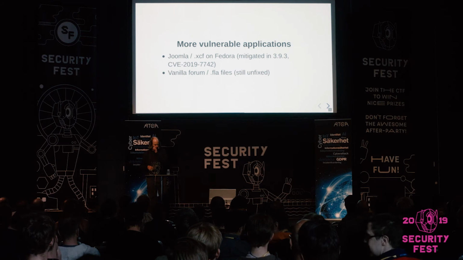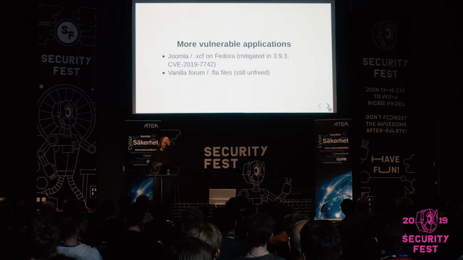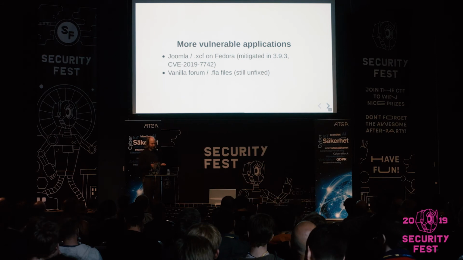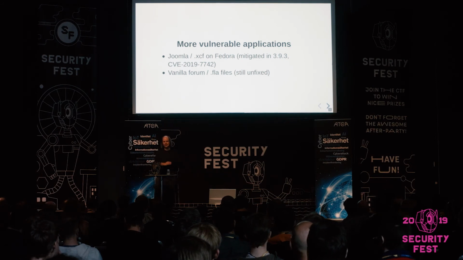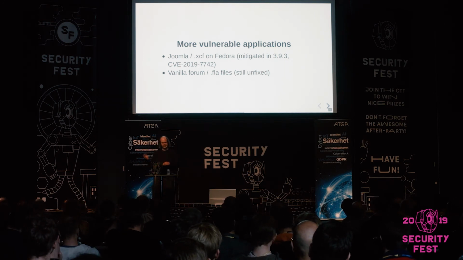Okay. So I found more vulnerable applications in Joomla. It worked with XCF files on Fedora. As you see, it's always kind of dependent on the Linux distribution whether it's vulnerable. They somewhat mitigated that, although it only works on new installations. Otherwise, you have to copy some stuff in your htaccess file.